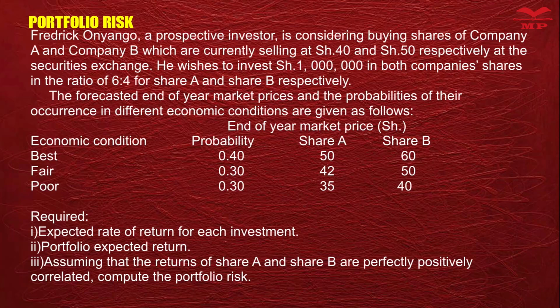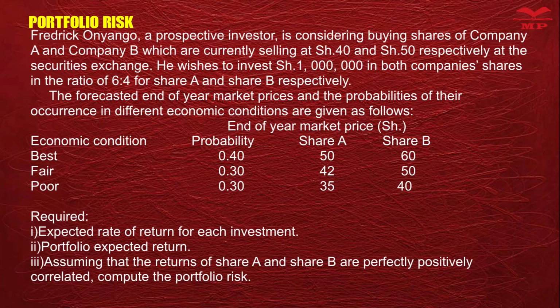The 50, the 42 and the 35, those are the returns in shillings. So before multiplying the probability by the rate, you have first of all to determine the rate of return.